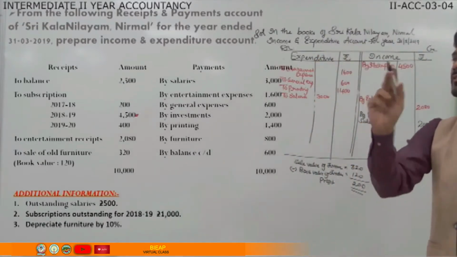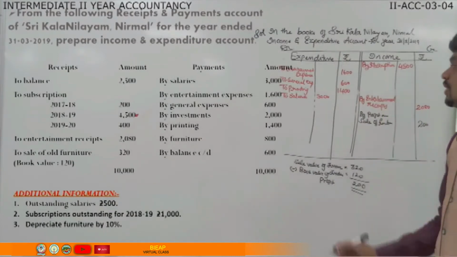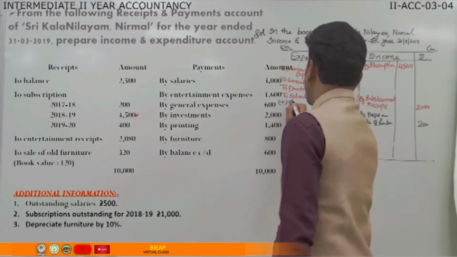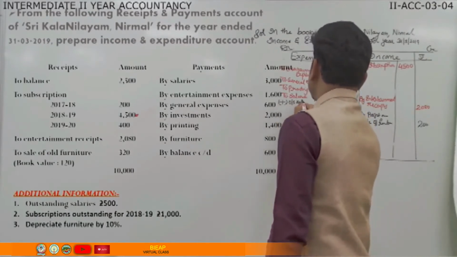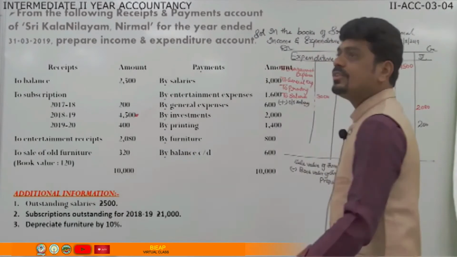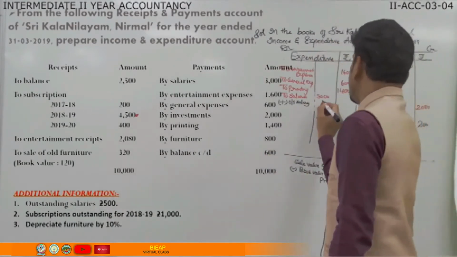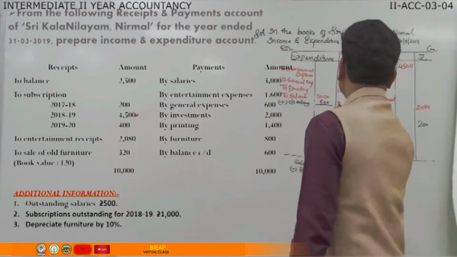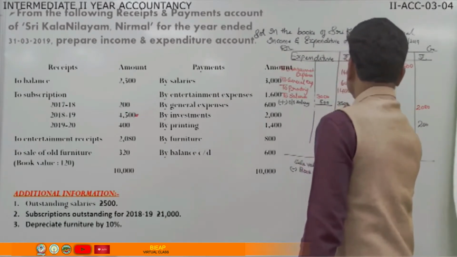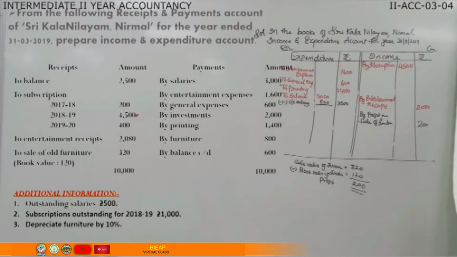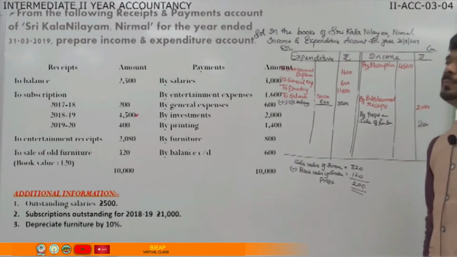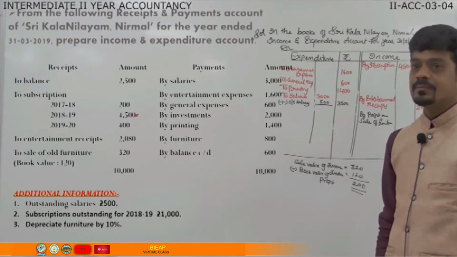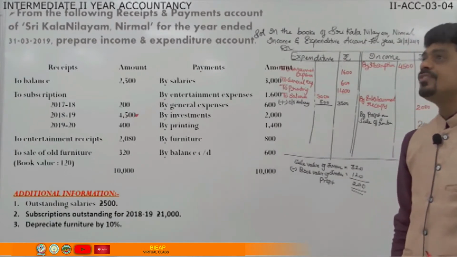Now adjustment. First, outstanding salaries. What to do with outstanding salaries? Add. So add outstanding salary. How much is outstanding salary? 500 he gave. If I add 500, total amount is 3,500. Then subscription outstanding for 2018 and 19. 18 and 19 is which year?